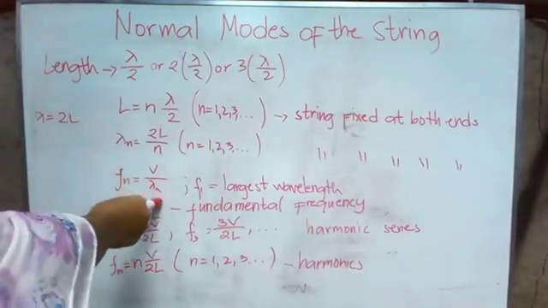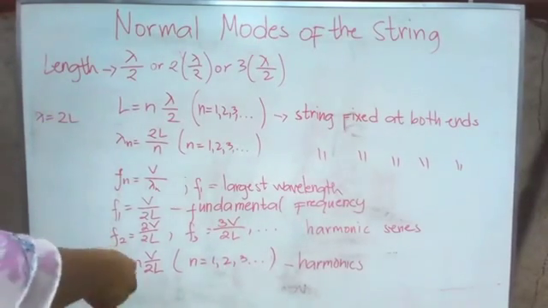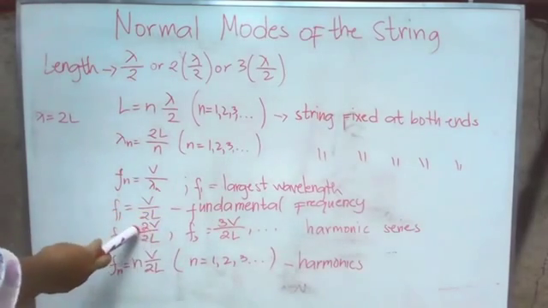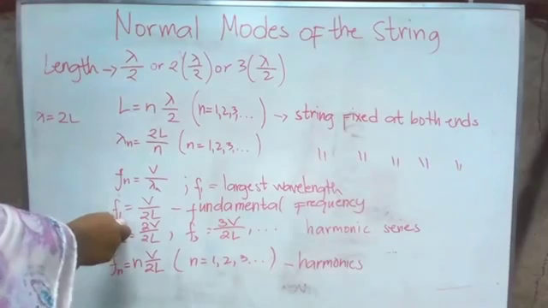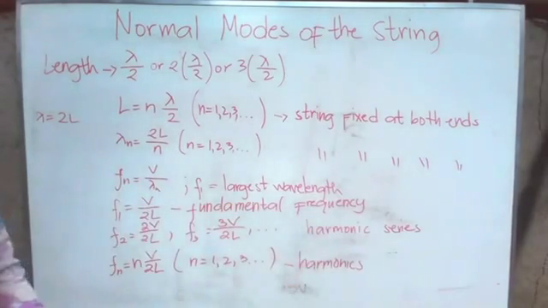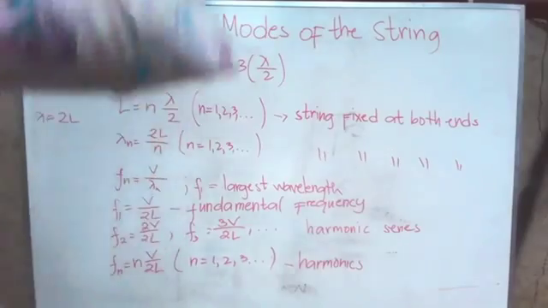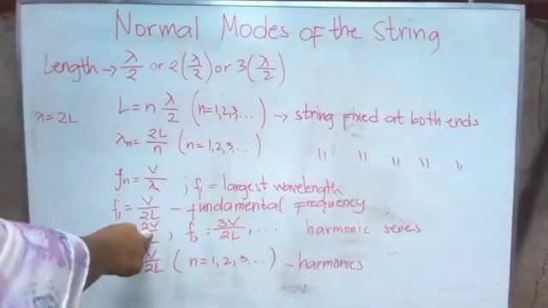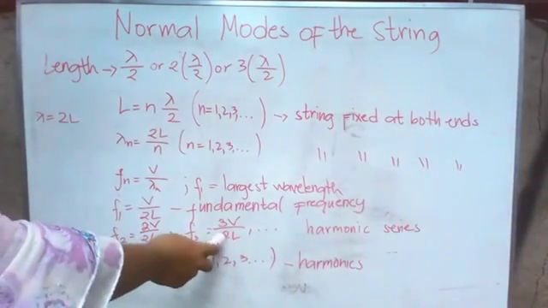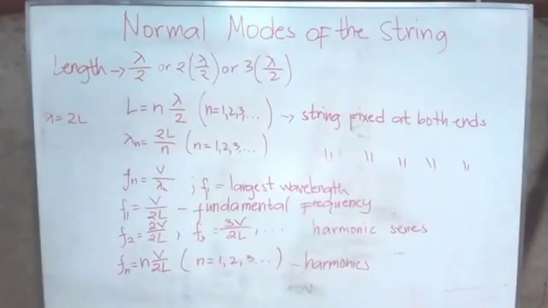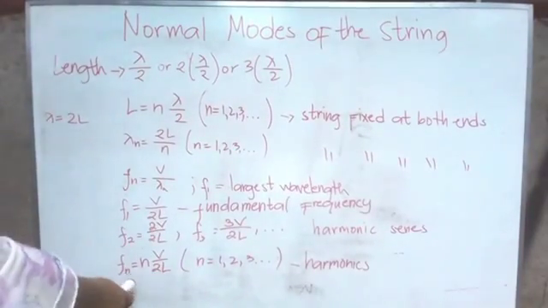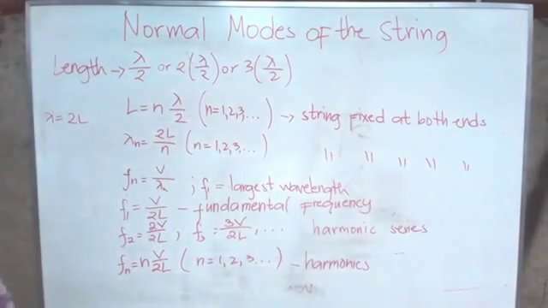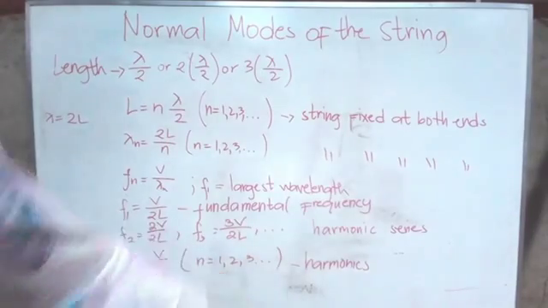Substituting lambda n, for frequency 1 we have f sub 1 equals v over 2L, which is our fundamental frequency, and it corresponds to the largest wavelength. We can also get frequency 2v over 2L, frequency 3v over 2L, and so on. In general form, F n is equal to n times v over 2L, where n must be 1, 2, 3, and so on.